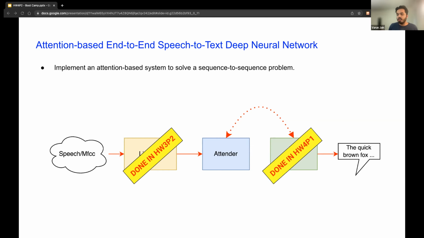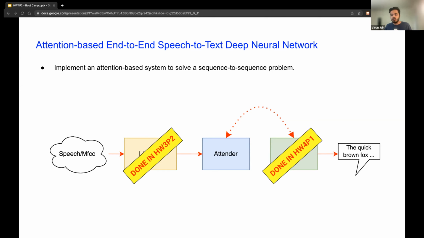And then what about the speller? The speller is done in homework 4P1. That means that before you start with homework 4P2, it is beneficial to complete homework 4P1 so that you don't have to rewrite your speller. You might wonder whether we can write the speller in 4P2 and then copy it to 4P1, but that is the other way around.